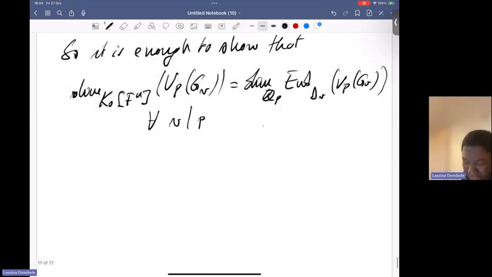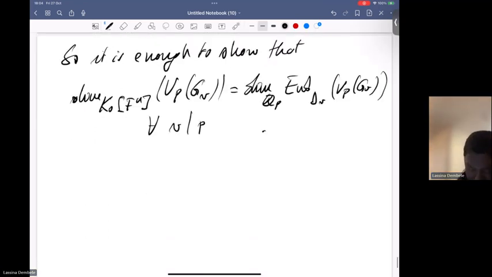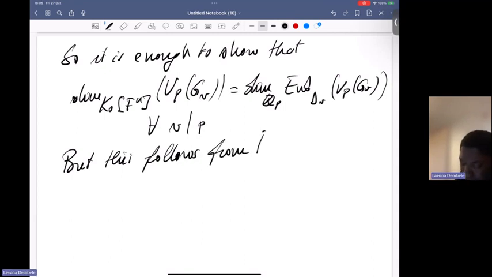And now the good thing is that this follows from the corollary we just proved.